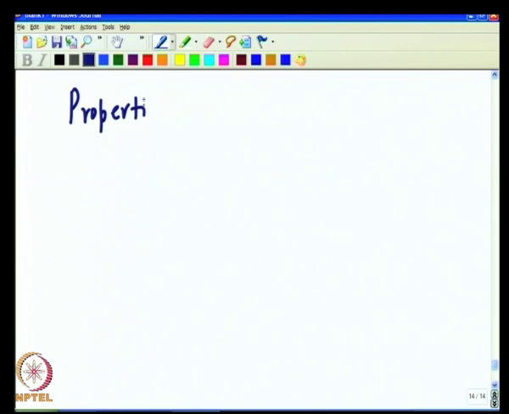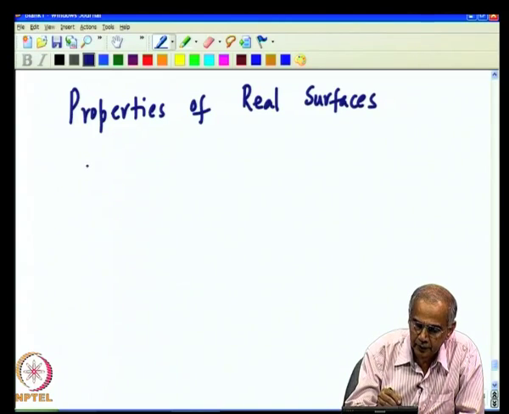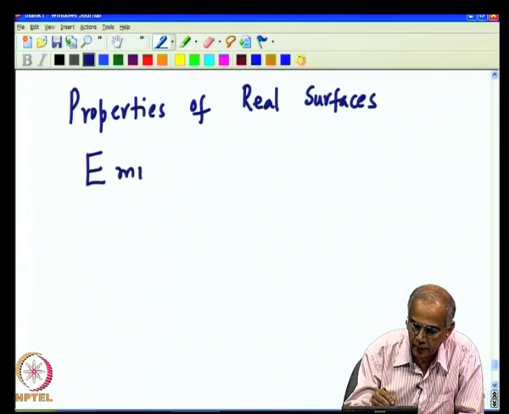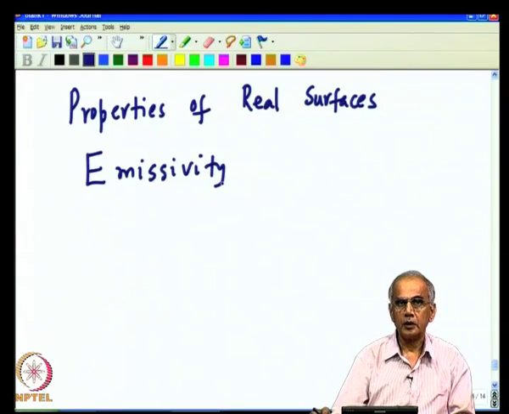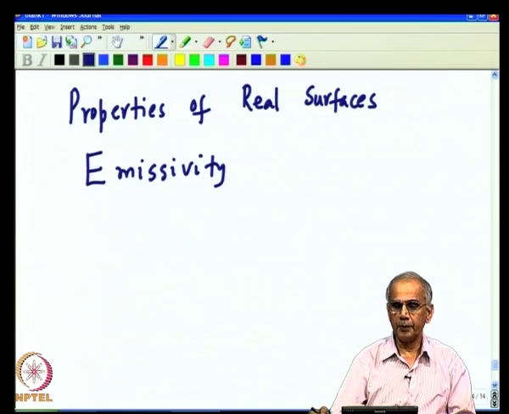So, now we talk about properties of real surfaces. Real surfaces are different from ideal surfaces. The first important property that we will talk about is emissivity. Emissivity compares the emission of a real surface to that of a black body at the same temperature.